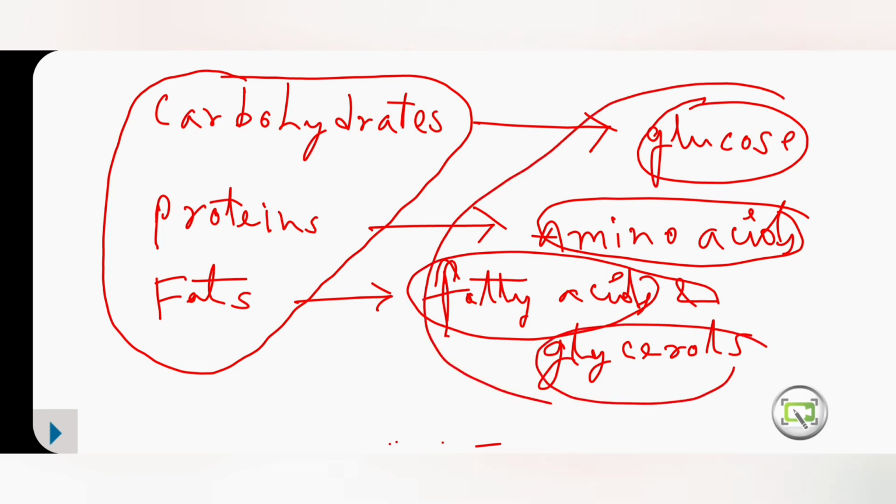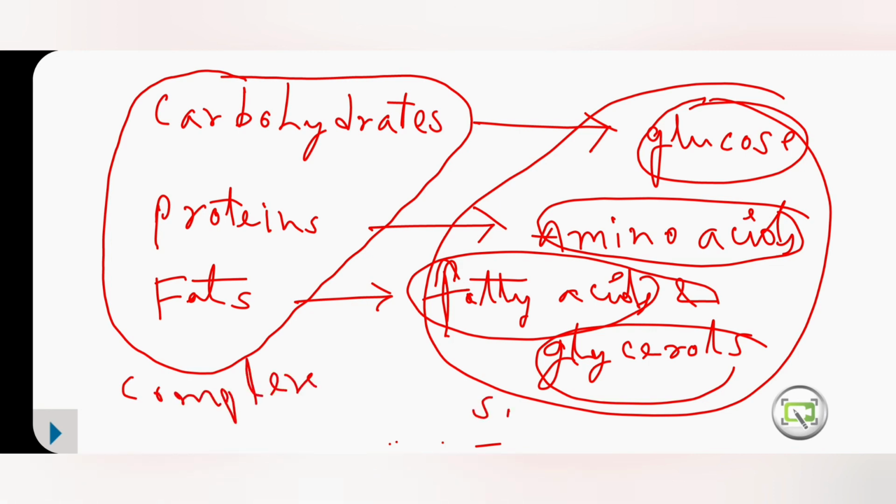These are the simple food molecules. These are complex. These are simple. So conversion of complex food molecules into simple food molecules by the action of enzymes is nothing but digestion. So conversion of complex food molecules into simple food molecules which are capable to be absorbed into blood is called digestion. So simply we can define conversion of complex food molecules into simple food molecules is called digestion.